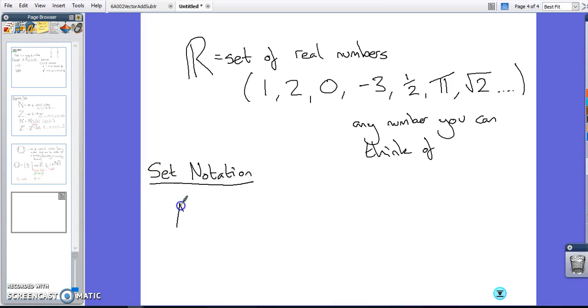Our first bit of set notation is, it's like a long C with a line under it.